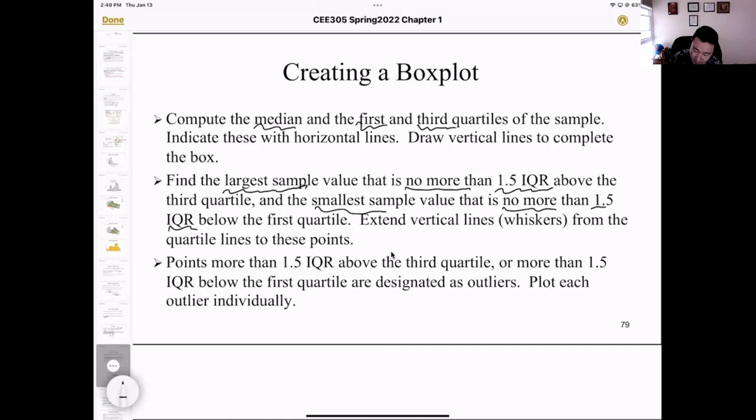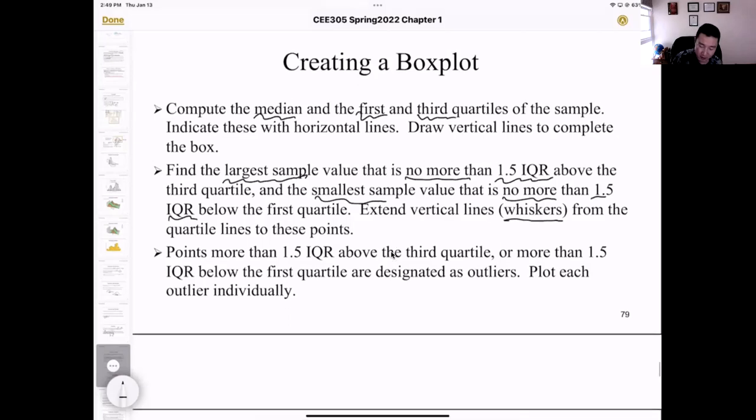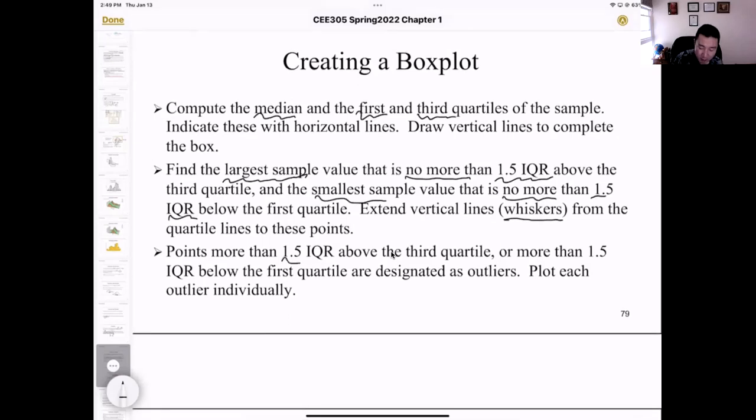Then we draw vertical lines we call whiskers. Points more than 1.5 IQR above the third quartile, and more than 1.5 IQR below the first quartile, qualify as outliers. We need to plot each individual outlier in the box plot.